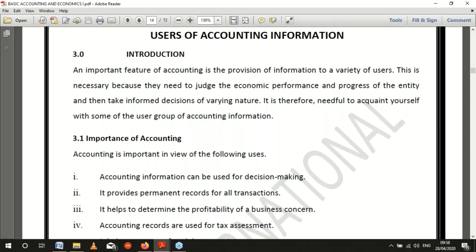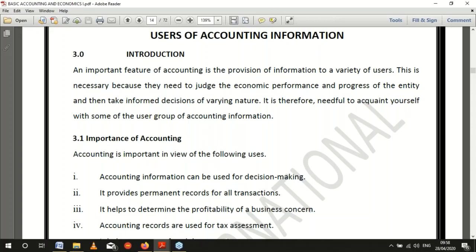The business can be sued and the business can also sue someone. So the man's business is different from his own personal self. We call it the entity concept. And we must be able to differentiate the assets of the man from the assets of the organization.